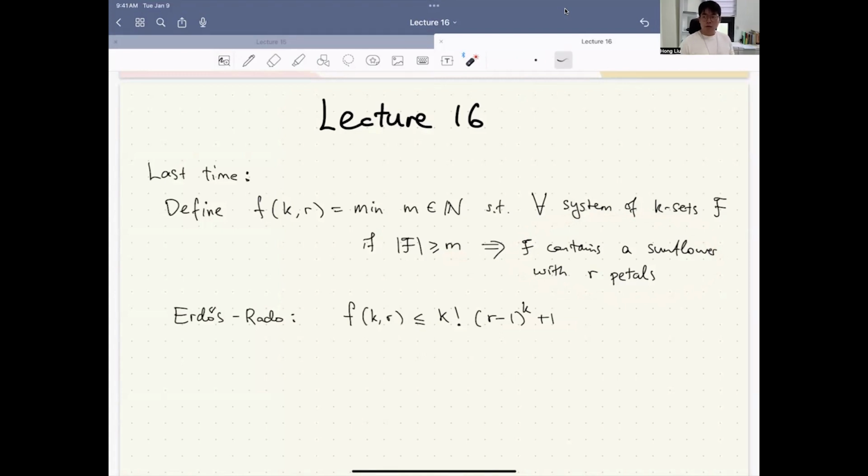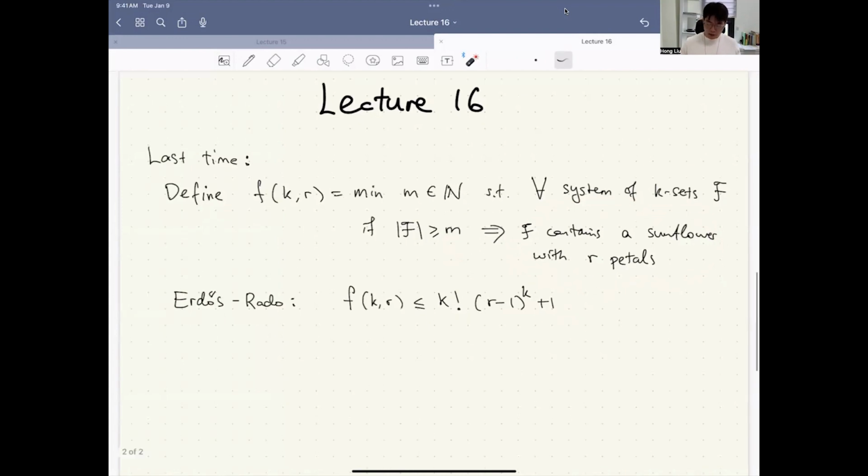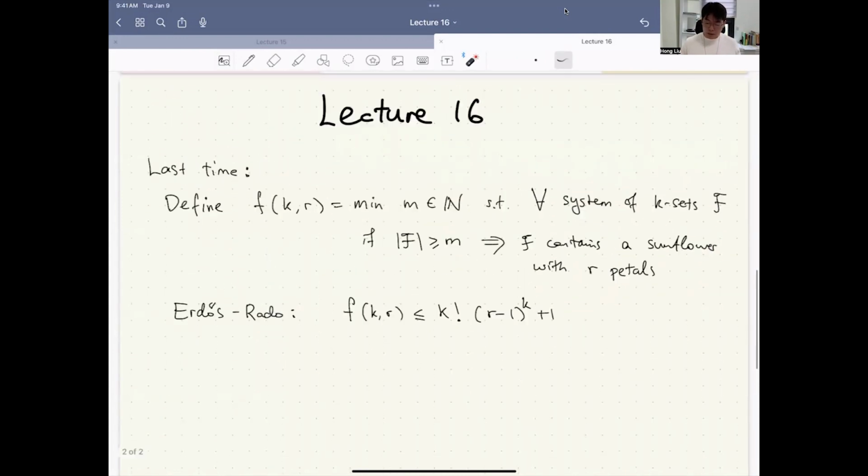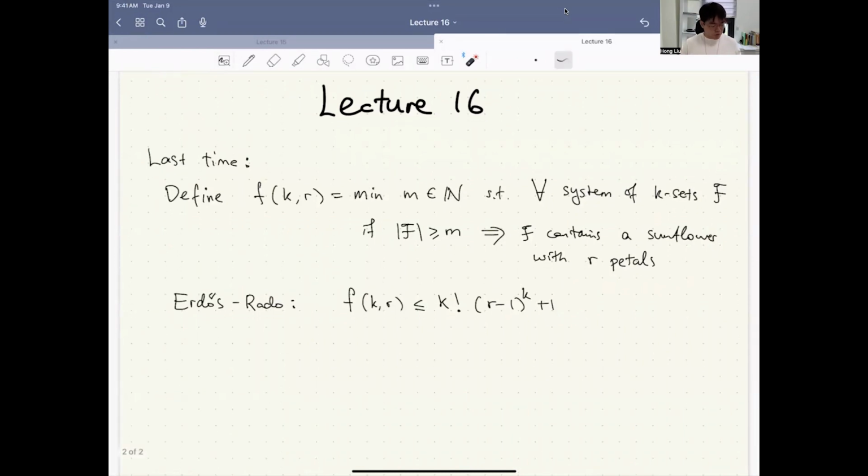Determining the order of magnitude of this function f(k, r) is one of the major open problems in extremal combinatorics, not just because the problem itself is famous, but also because the sunflower has many applications in TCS. So it sparked lots of interest in the past several decades. Recently there has been some breakthrough. Let me first mention a lower bound for f(k, r).